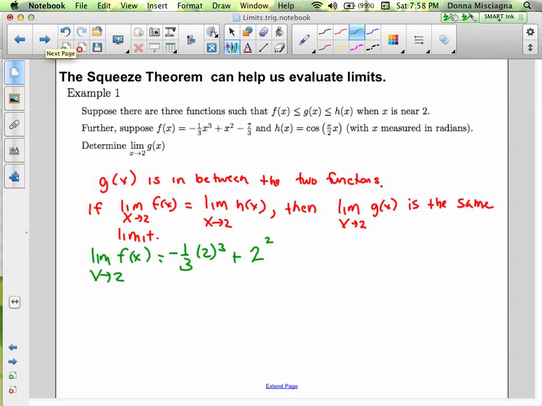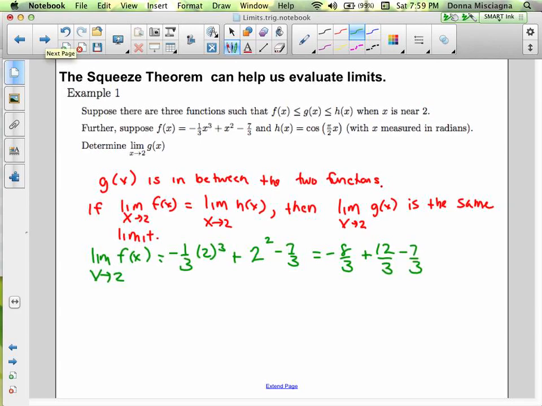Plus 2 squared minus 7/3. So 2 cubed is 8, so that's going to be negative 8/3. And then 2 squared, of course, is 4. Now, since I've got fractions with denominators of 3, let's change the 4 to 12/3, right? 4 is the same as 12/3, and then minus 7/3.